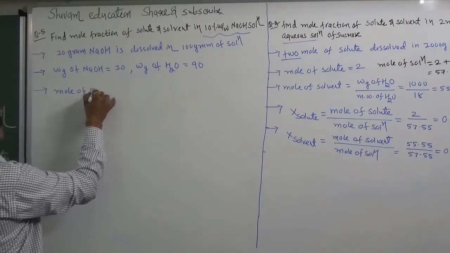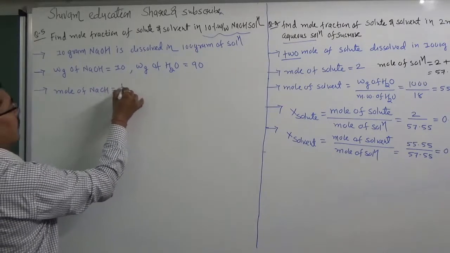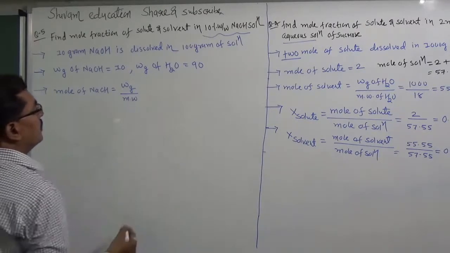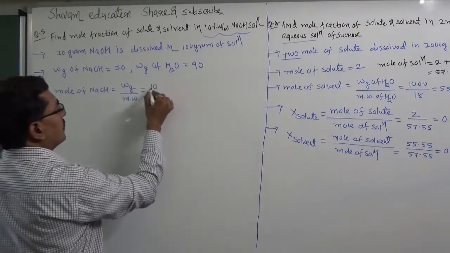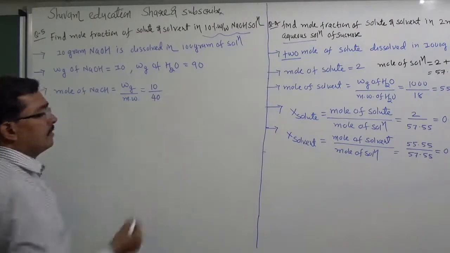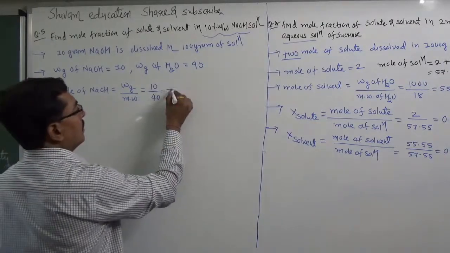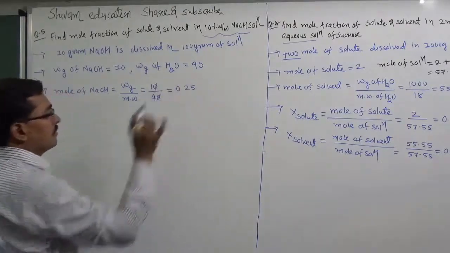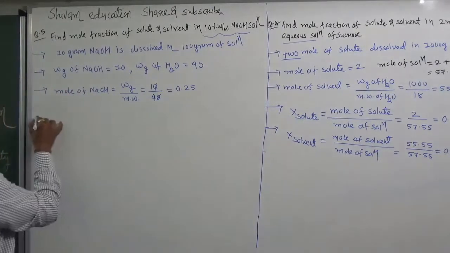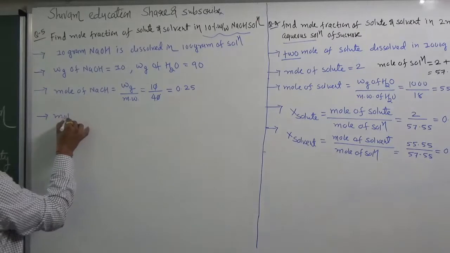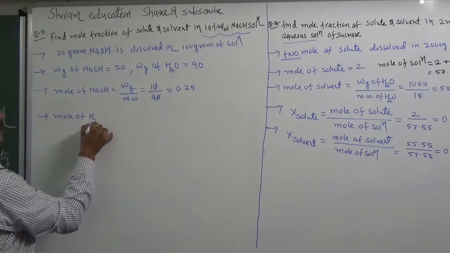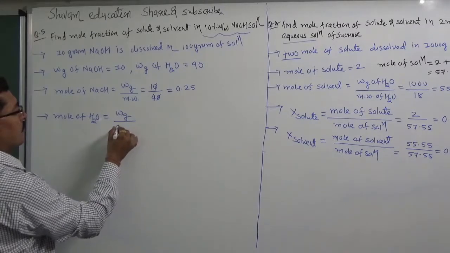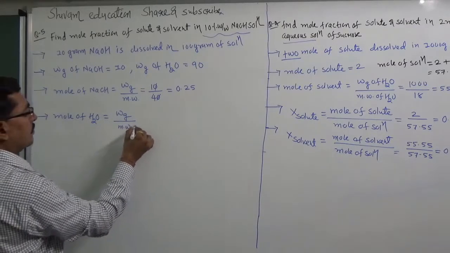Mole of NaOH is nothing but weight in gram of NaOH divided by molecular weight of NaOH. Weight in gram of NaOH is 10, molecular weight of NaOH you know very well is 40. 10 divided by 40, so you will get the answer 0.4, it is 1 by 4. Now same as mole of water, it is weight in gram of water divided by molecular weight of water.